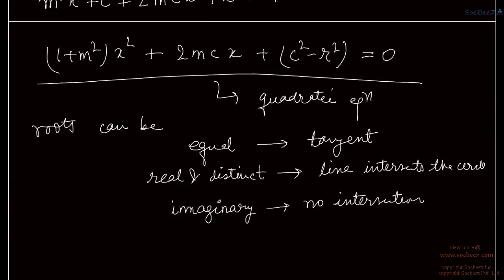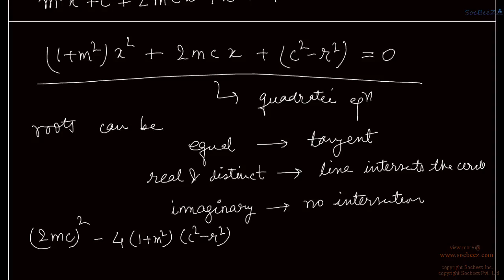So that means the determinant of this quadratic equation must be 0. So what is the determinant of this quadratic equation? Let us write that. The determinant of this equation is b square, which is (2mc) square, minus 4ac, which is 4 times (1 plus m square) into (c square minus r square).